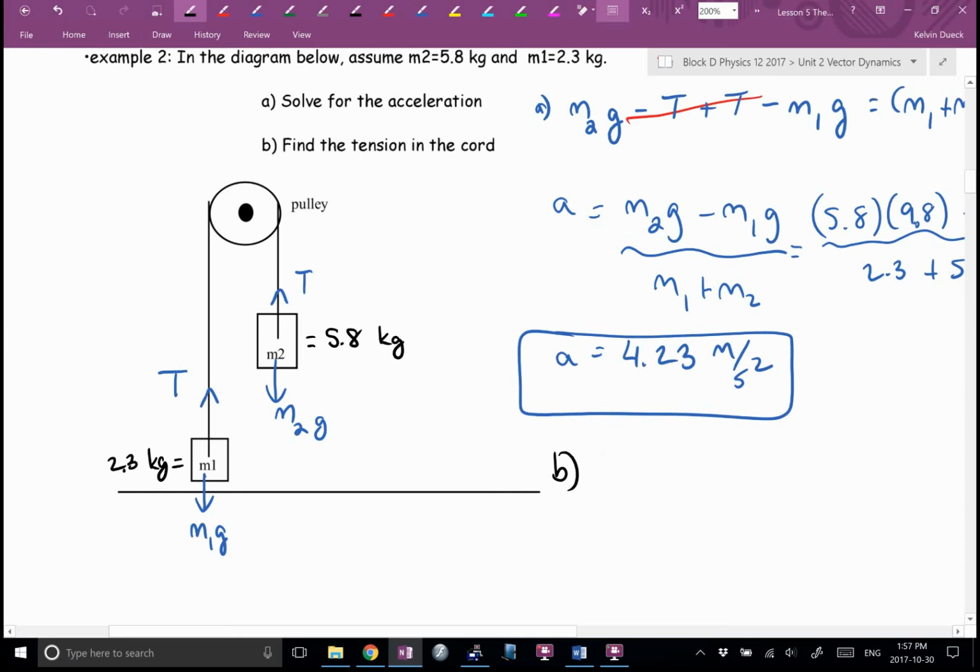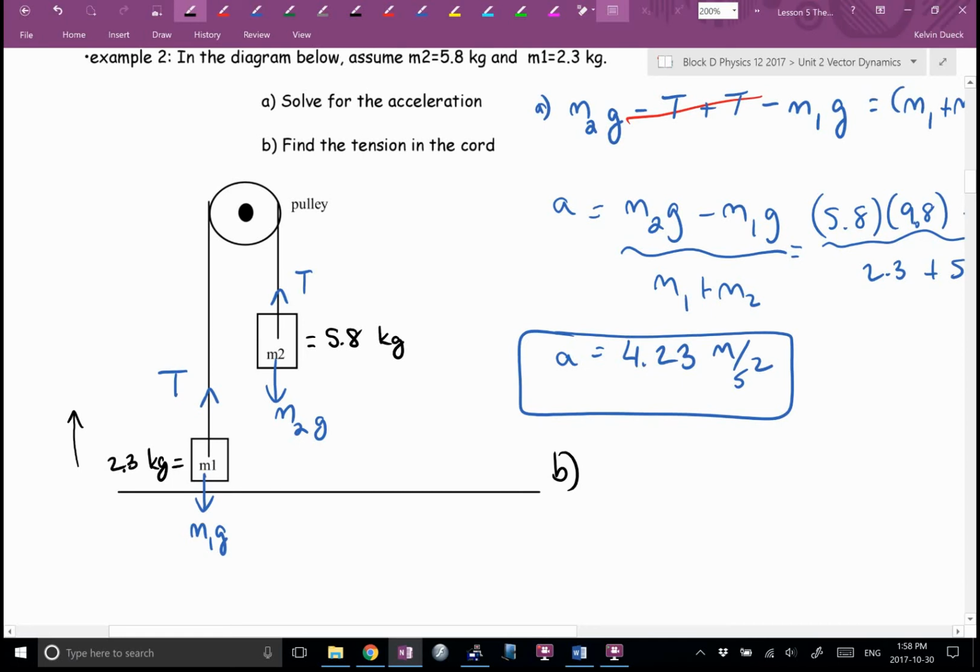Which way is M2 accelerating, up or down? This one, the heavier one, is accelerating up? I don't think so, right? A heavier mass is going to yank up the lighter mass, right? So I think M2 is winning. So I'm going to recommend we do this one. Which way is this mass accelerating? Up. So what direction is winning on the left side?